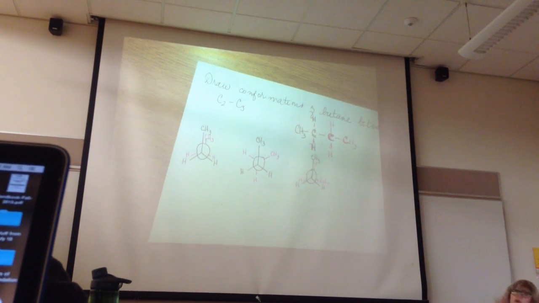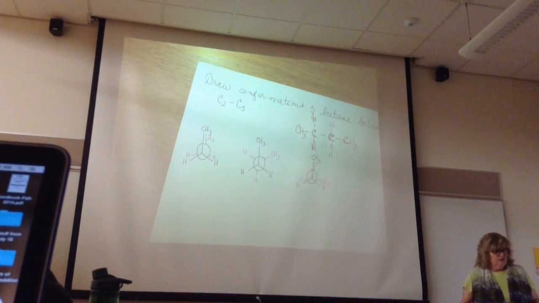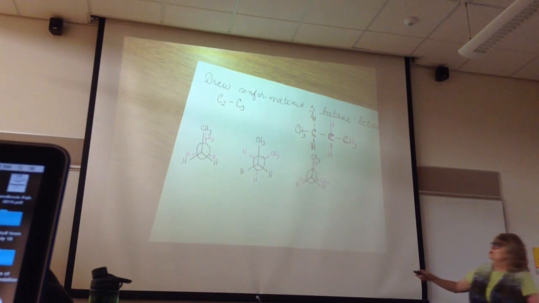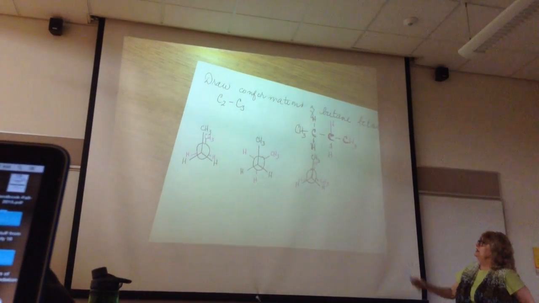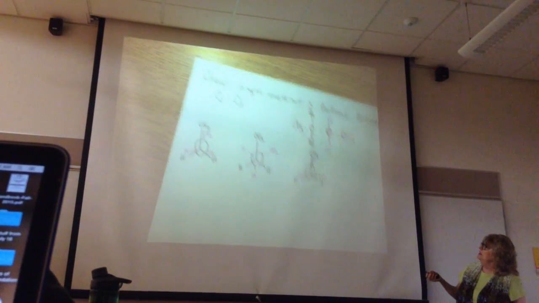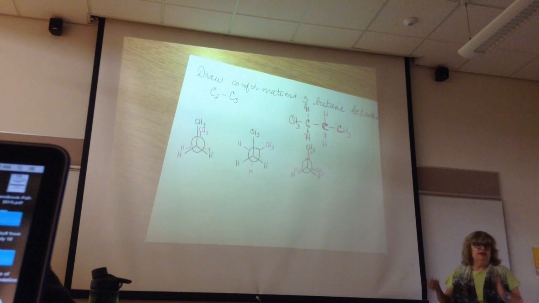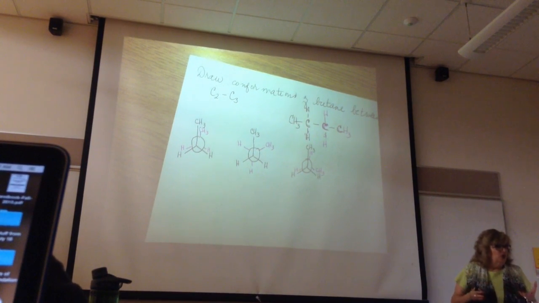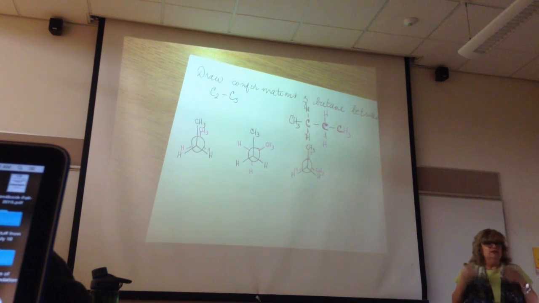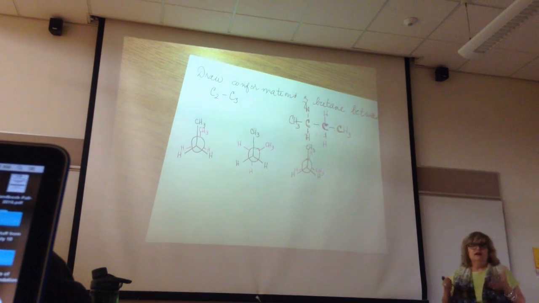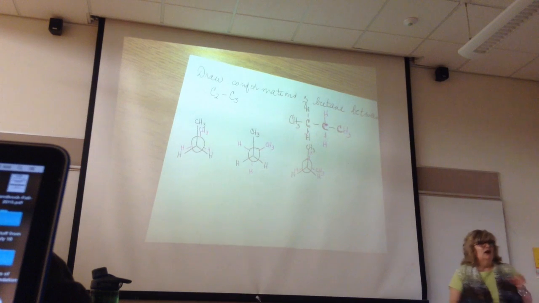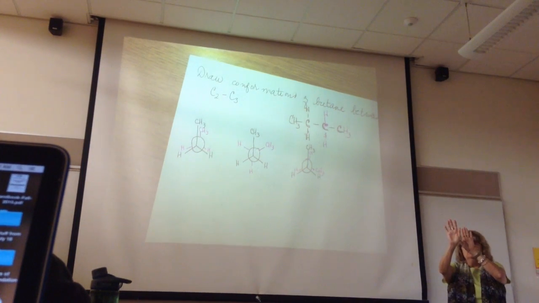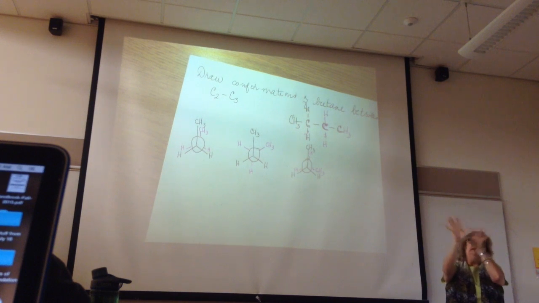Okay, so this is a good moment to pause and look at the two eclipses. So we're looking at that eclipse and we're looking at this eclipse. Would you think that these two eclipses are the same in energy? I think everybody can quickly say no, right? I think everybody can very quickly see that they are not the same. It takes a lot more energy to have two carbons with all of their three hydrogens in my space and doing this.